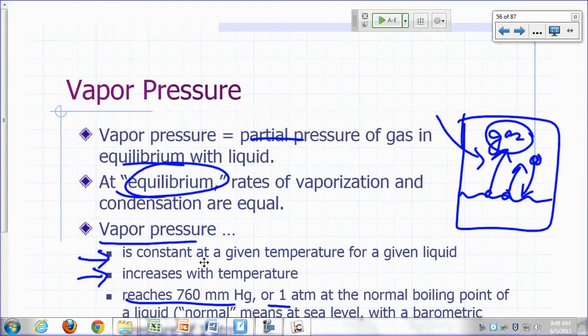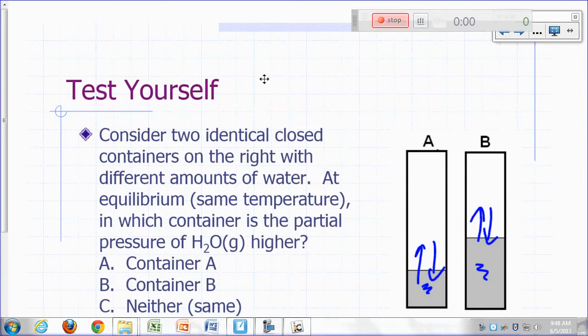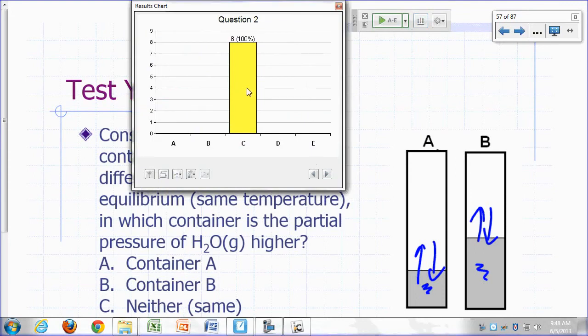The vapor pressure is constant at a given temperature for a given liquid. The two liquids are both water, and they're at the same temperature. You want to try it again? Let's see how we're doing this time. Better.